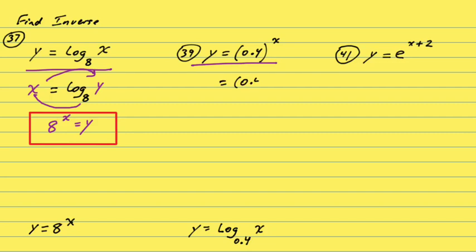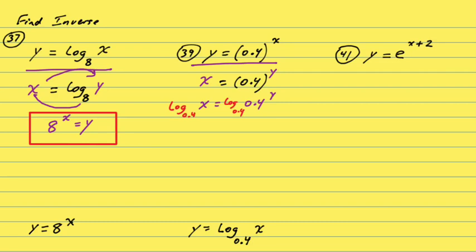So I have 0.4. Again, you switch x and y and solve for y. You're not going to see this yet, so let's go ahead and write it out. X equals 0.4 to the y. To get rid of the base of 0.4, I'm going to do log of 0.4.